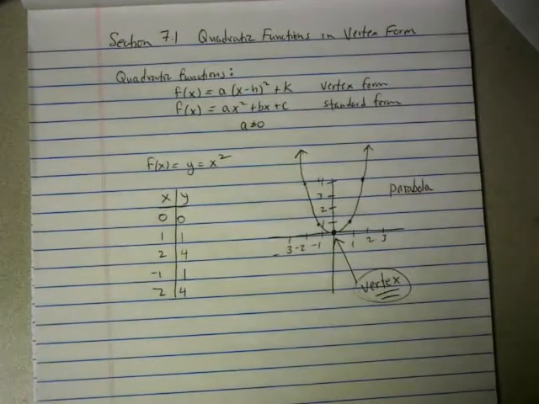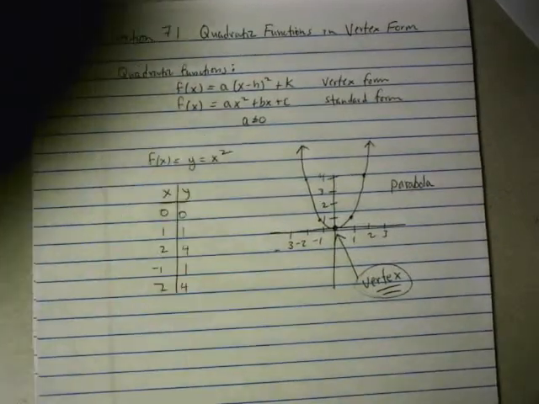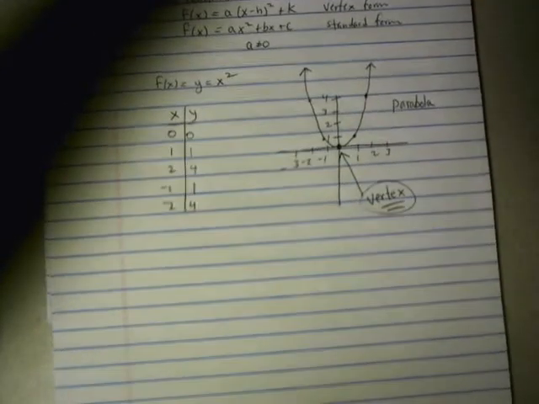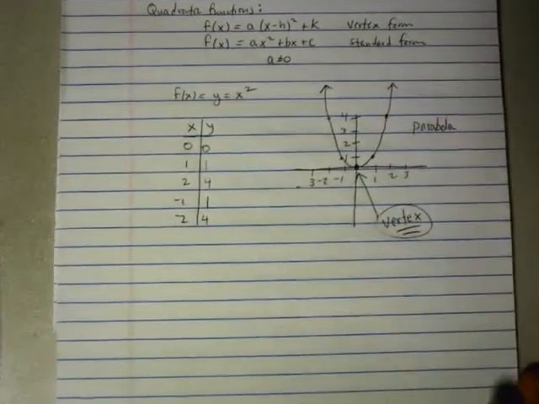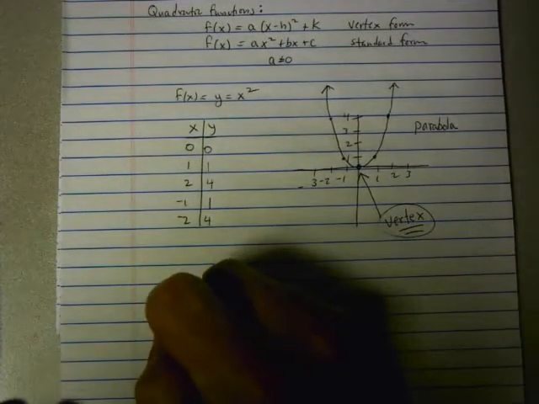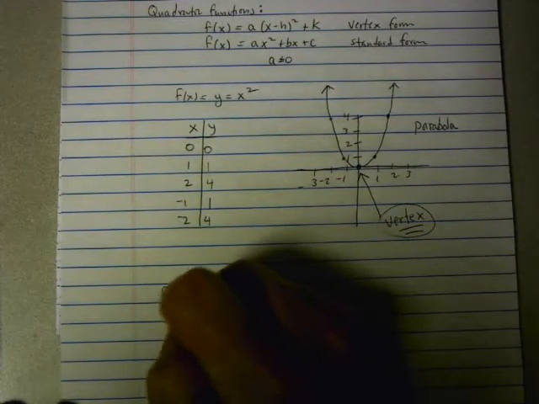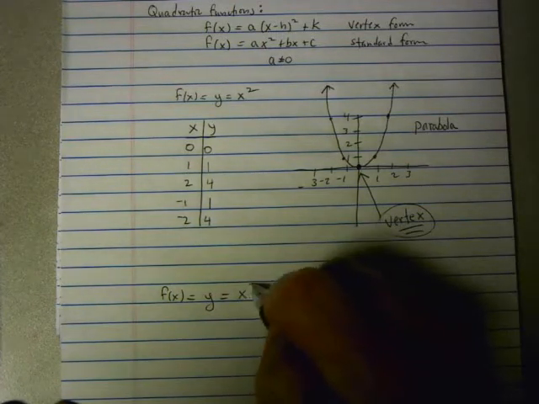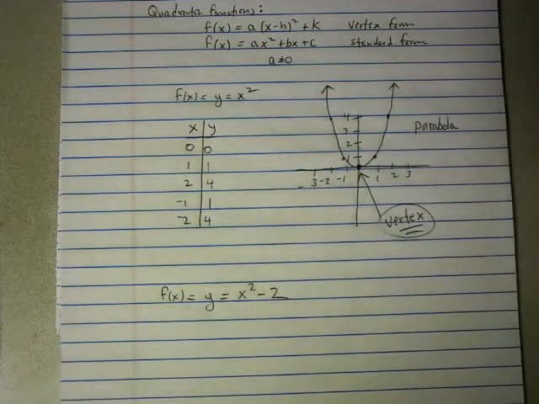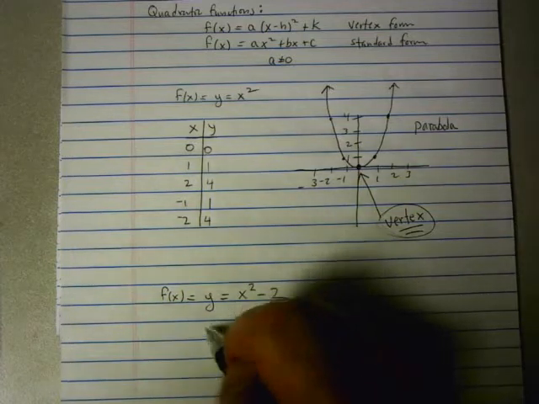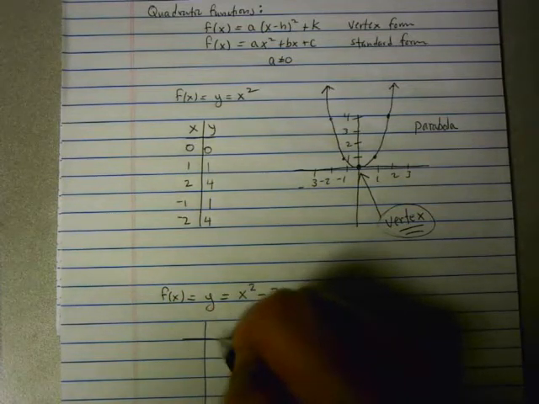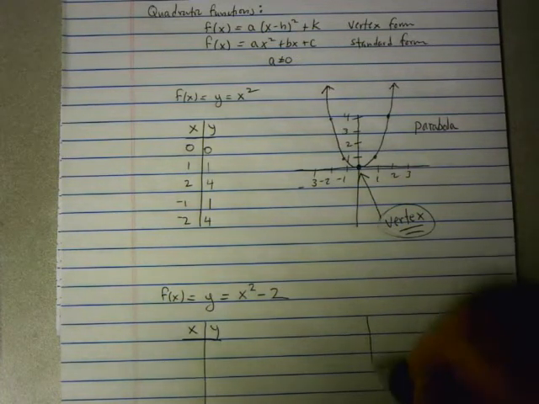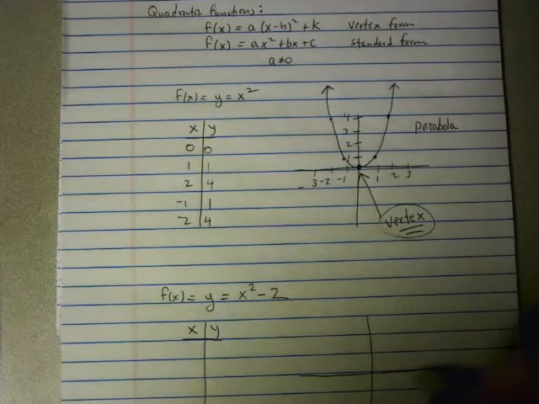Alright, so now let's see what happens when we change the equation just a little bit. Let's say I have f of x, which is y, equals x squared minus 2. So what's a minus 2 going to do to this graph? Well, again, I might build myself a little table, draw myself a little graph here.